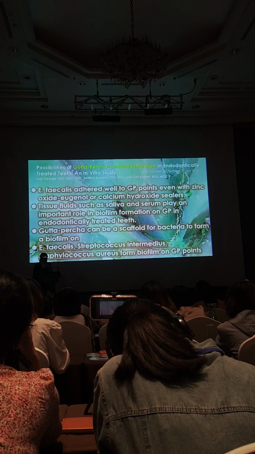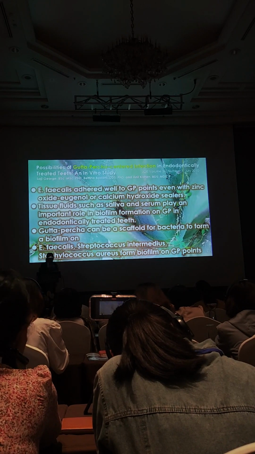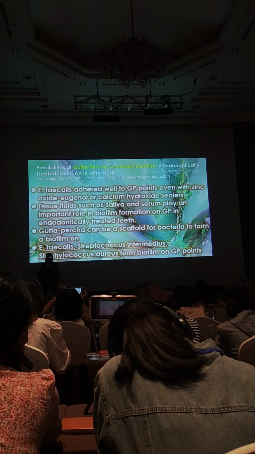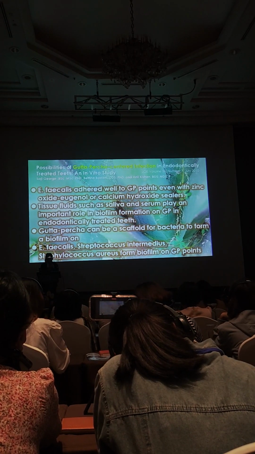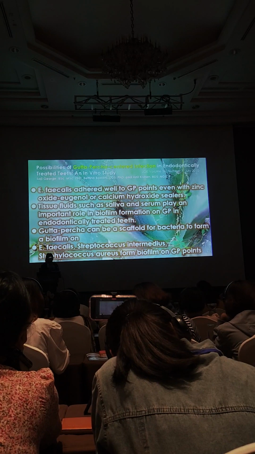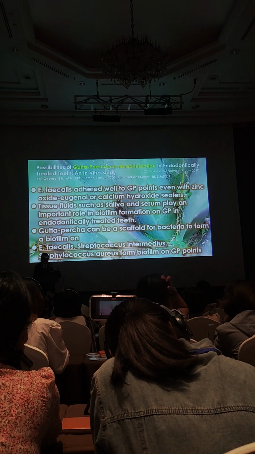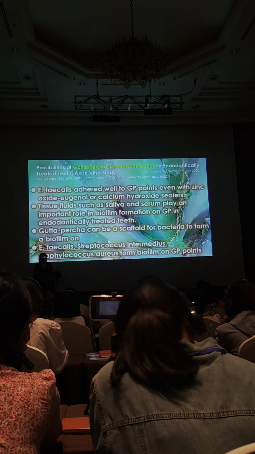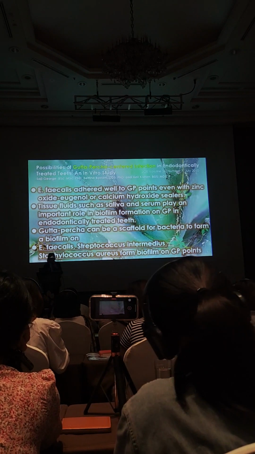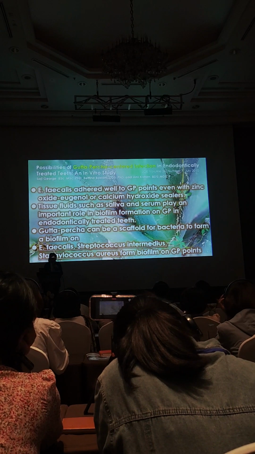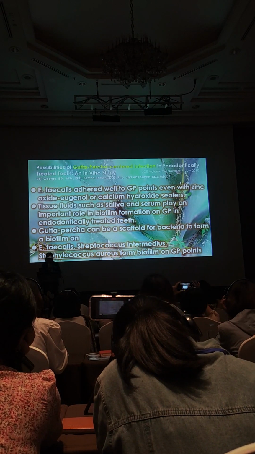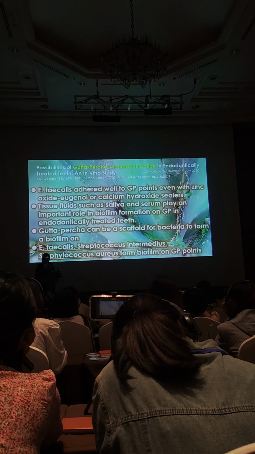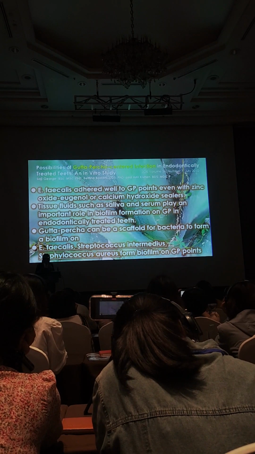So bacteria adhere well to the gutta-percha cones, even with zinc oxide eugenol, which will shrink, or calcium hydroxide sealers, which will shrink. Tissue fluids such as saliva and serum play an important role in biofilm formation on gutta-percha in endodontically treated teeth. So gutta-percha, to make it short, can be a scaffold for bacteria to form a biofilm on.